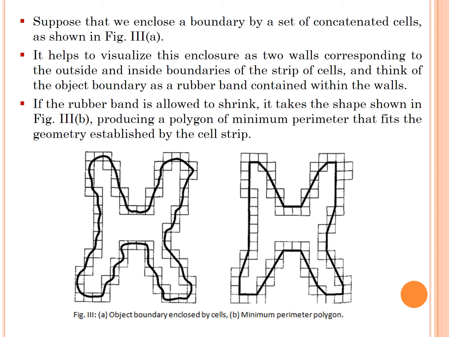If the rubber band is allowed to shrink, it takes the shape shown in figure 3b, producing a polygon of minimum perimeter that fits the geometry established by the cell strip. Here, figure 3a shows the object boundary enclosed by cells, whereas figure 3b shows the minimum perimeter polygon.